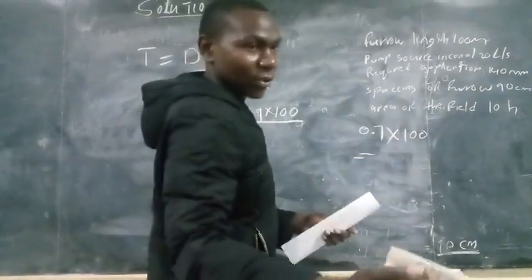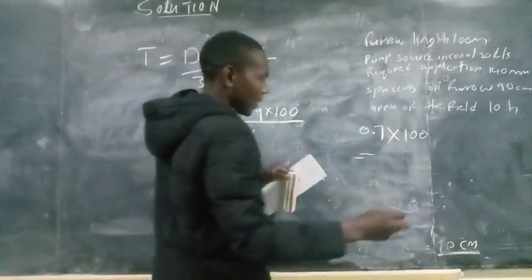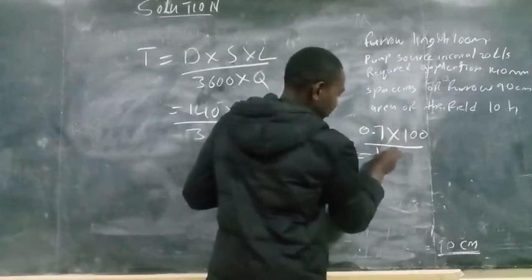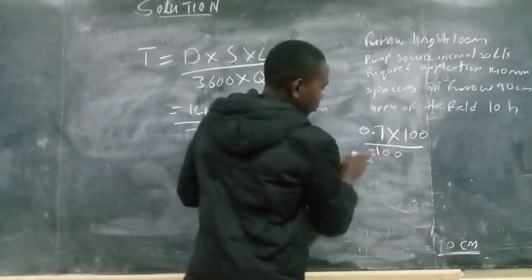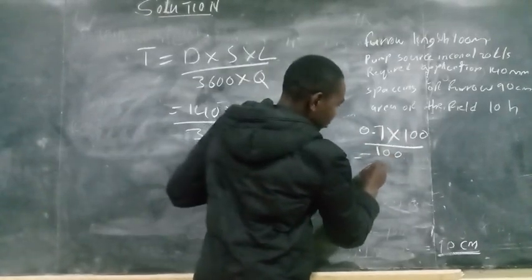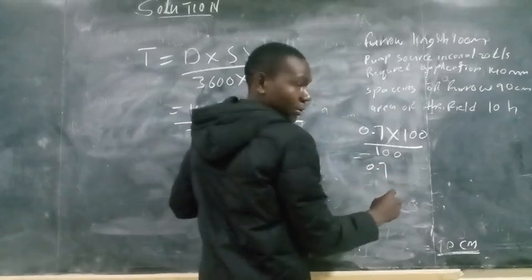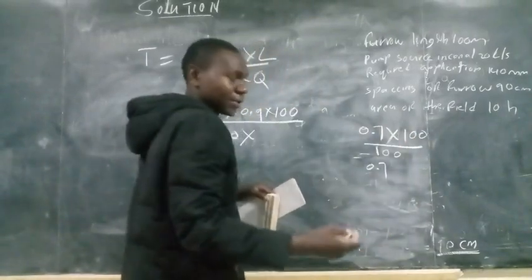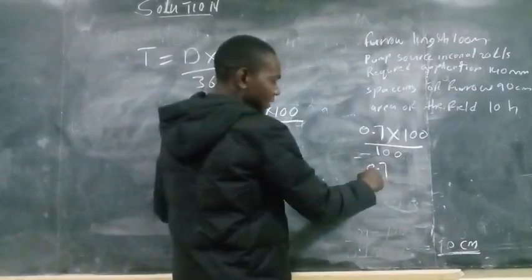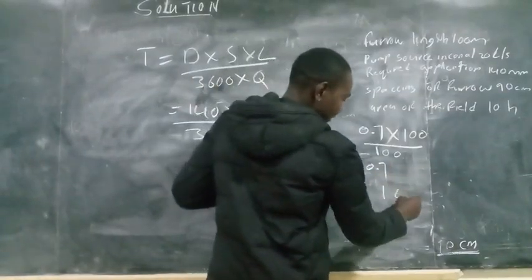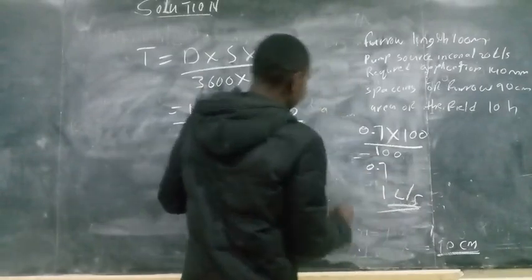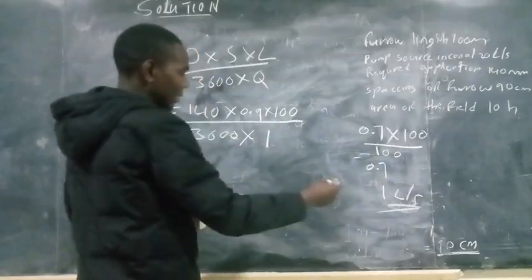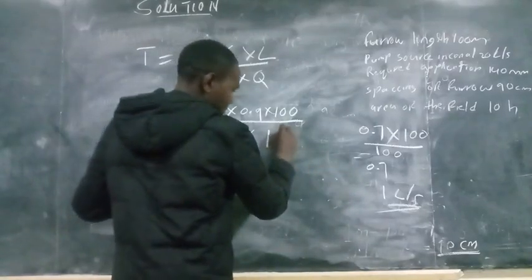When you punch it on the calculator, then your findings over 100 again. So here you are going to have 0.7 again. Then you just round off this figure, it will give you 1 liter per second. So our Q is 1 liter per second.